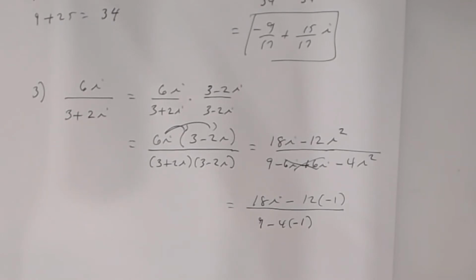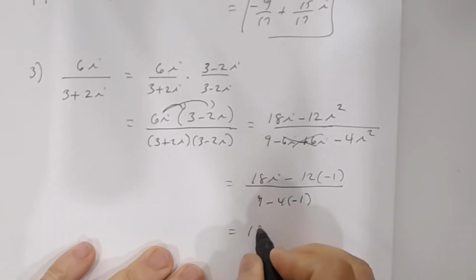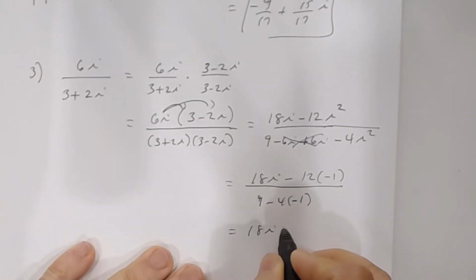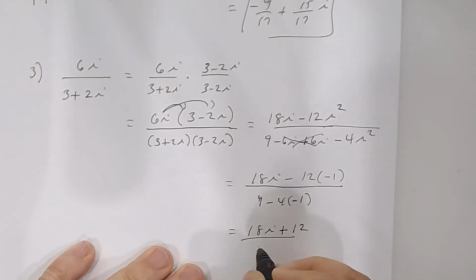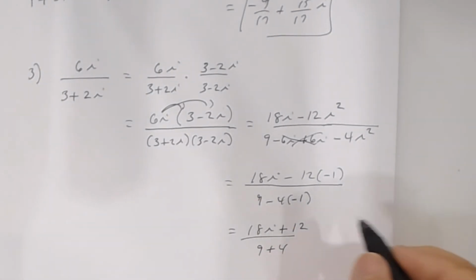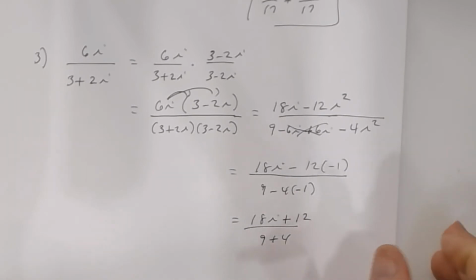Negative 12 times a negative 1 is what number? Positive 12. So do y'all agree that in my numerator, I can write this as 18i plus 12? The denominator is 9 plus 4. I can go further with this. Before I go any further, remember the directions will say write in standard form, right?